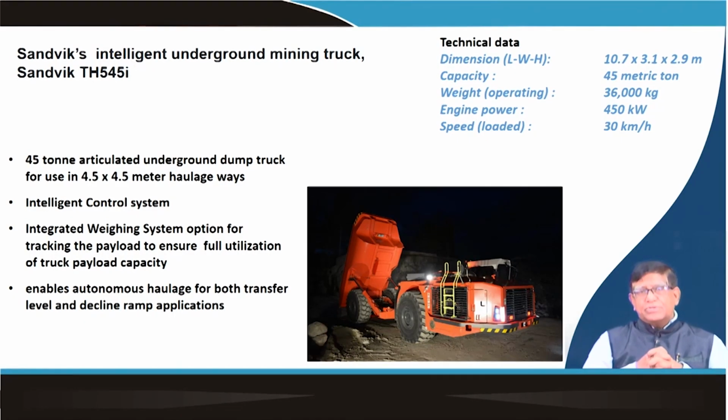The most important question is how you will power this machine with an engine. Engine power up to 450 kilowatt is being provided there. There has been a lot of development in engine manufacturing that has led to the development of this machine. One company is Sandvik. Sandvik is one of the companies, like Caterpillar and most other mining machinery manufacturers, that have their own models, but one of the latest models is the TH545i. The i means it is an intelligent machine.